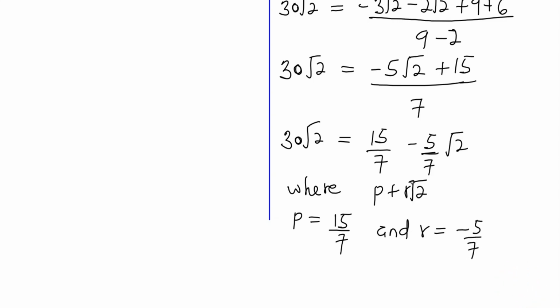But then we know that square root of 2 is the same thing as square root of 2, so we maintain that one. So basically that's how we can find the value of 3 dot square root of 2 by the given operation, where p is equal to 15 out of 7 and r is equal to negative 5 out of 7. So basically that's how we solve the question.